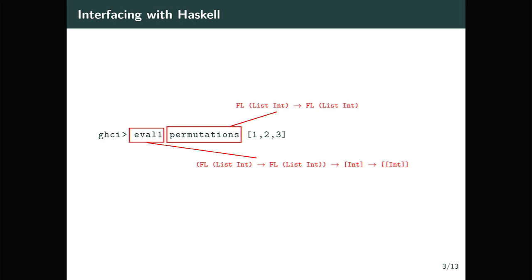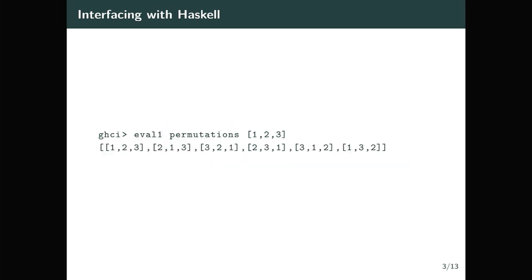So the actual result of this call would be all permutations of the list 1, 2, 3. Hopefully I did not forget any. But this would be an example of how to use this in Haskell later on.